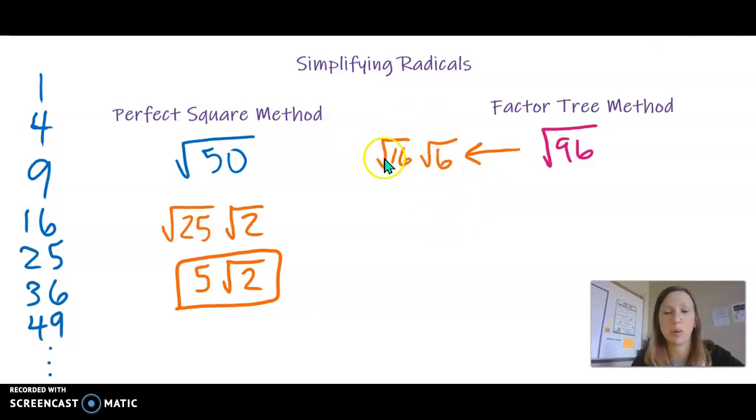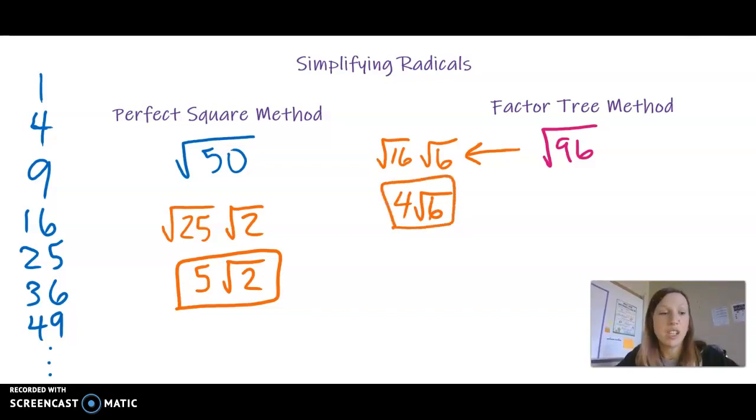And I can find the square root of 16, which is 4. If I had chosen the smaller perfect square that divides into 96, I would have had to simplify twice. And I don't want to do more work. I don't know about you.